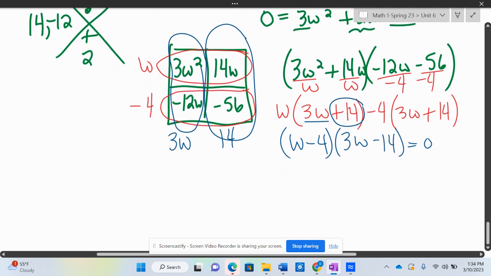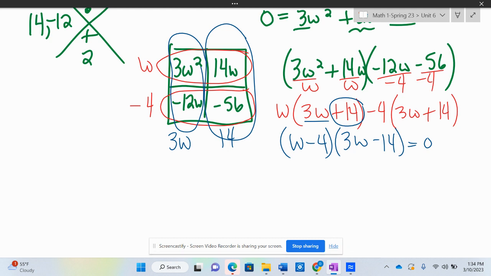So here's where we've had some struggle, right? We learned yesterday that the zero product property says if two numbers get multiplied together and the product is 0, that means that either the first number equals 0 or the second number equals 0.